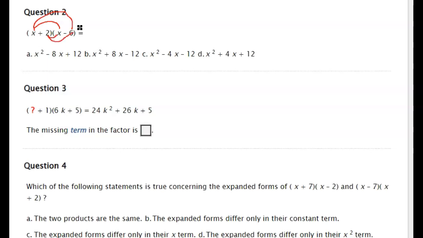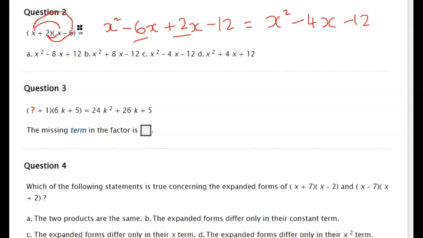So we've got x times x, which is x squared, x times -6, so -6x, 2 times x, which is 2x, and then 2 times -6 is -12. Now, just like before, we've got our like terms here and here, so we've got to add them together. So I've got x squared, -6x plus 2x is -4x, and then we've got -12 on the end.